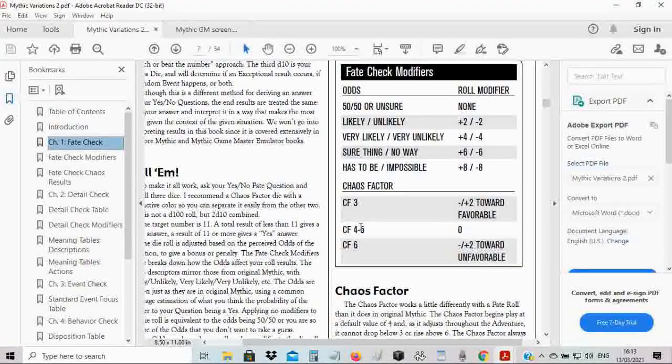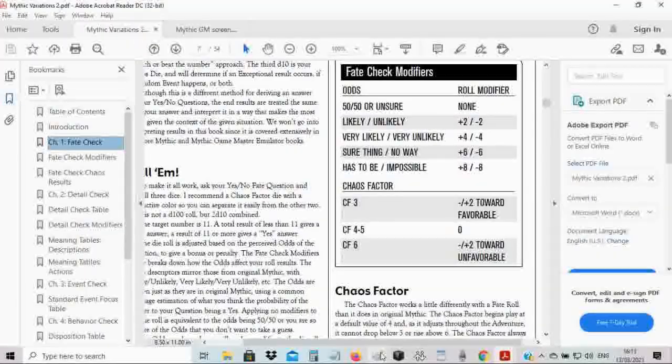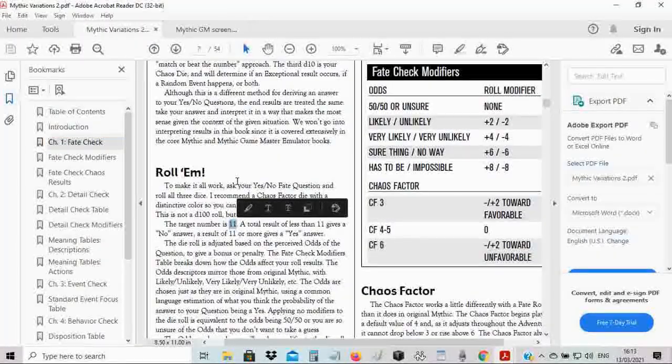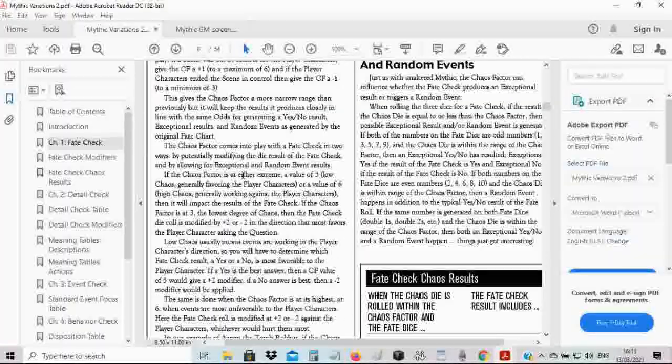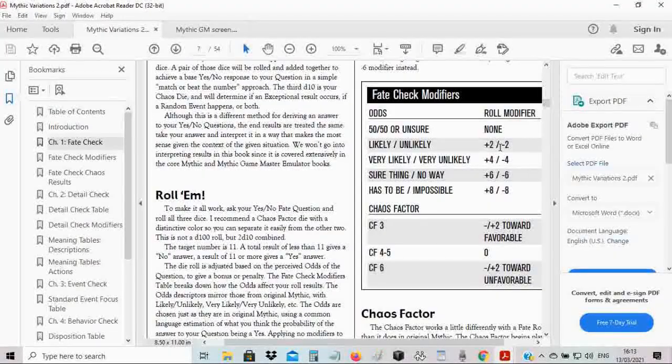Here, you're going to use two 10-sided dice again, but you add them together. Your target number is always 11. Likelihood adds 2, and unlikelihood subtracts.